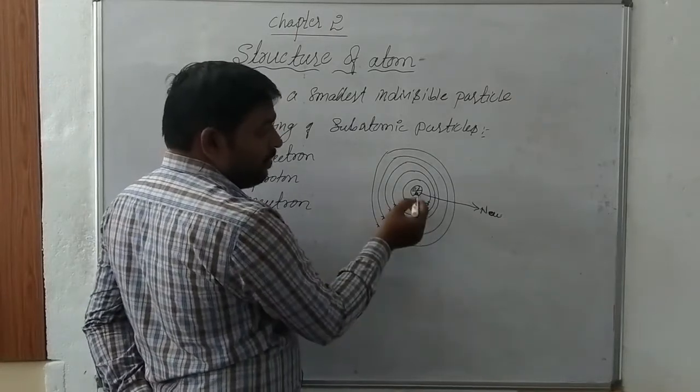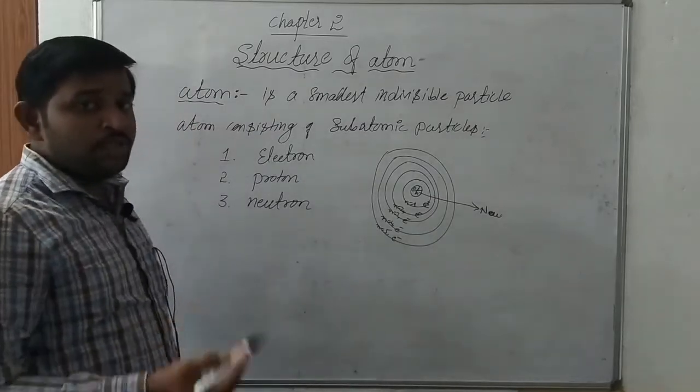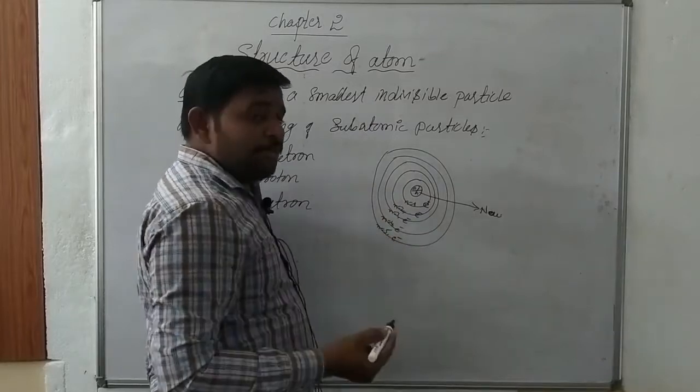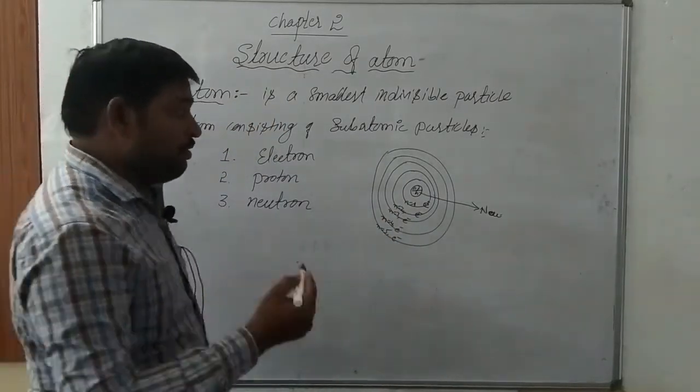The atom consists of a nucleus. That nucleus consists of protons and neutrons, which are called nucleons. What do you mean by nucleons? The sum of protons and neutrons present in a nucleus is called nucleons.